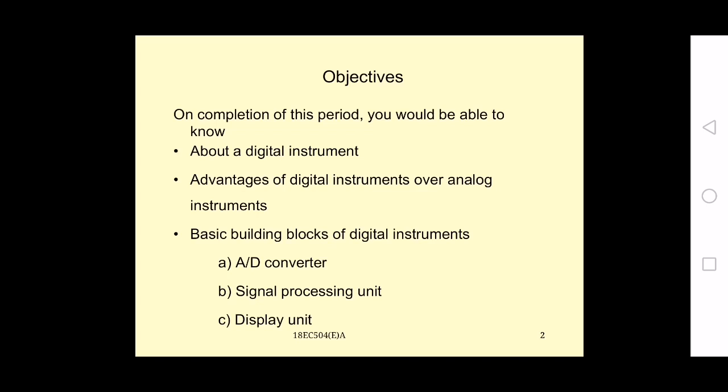Previously, all the instruments were analog in nature only. We were measuring with analog instruments only. In those, we have a pointer pointing on a continuous scale, and on the continuous scale we have to check the result of our measurement.